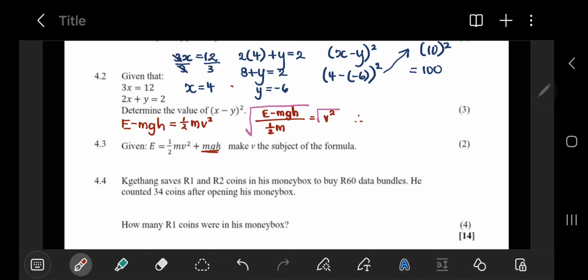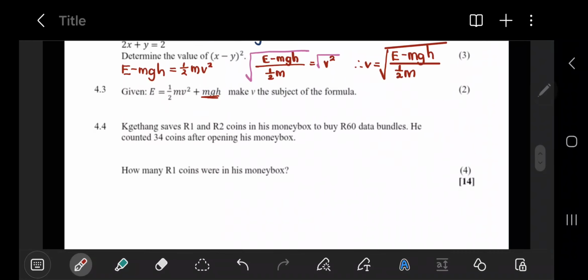Now you can keep v on the right, or you can swap them around. You can put v on the left. And what we are now left with is v equals the square root of (E minus mgh) all over a half m. So this is our final answer. We've now made v the subject of the formula.